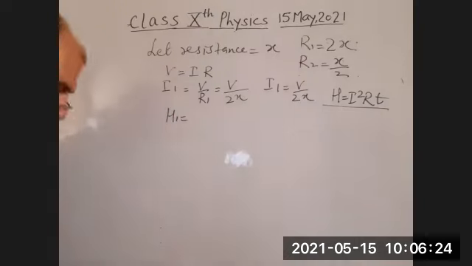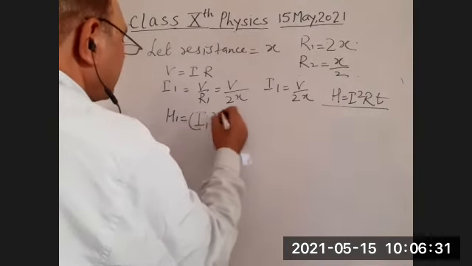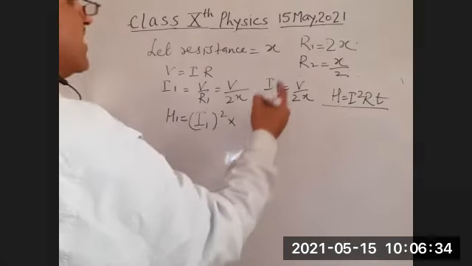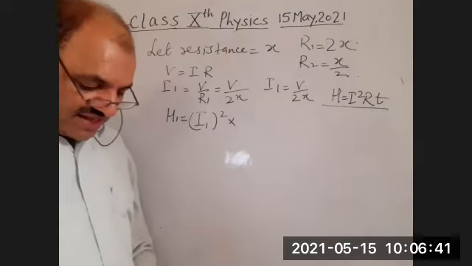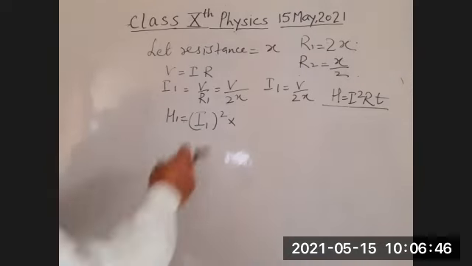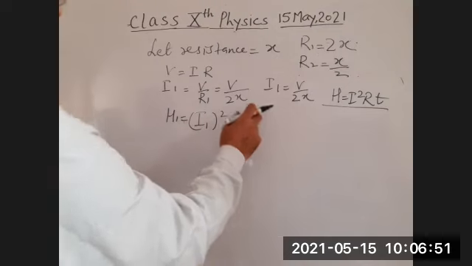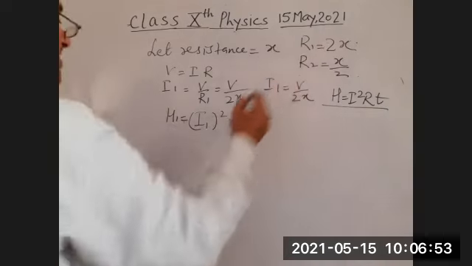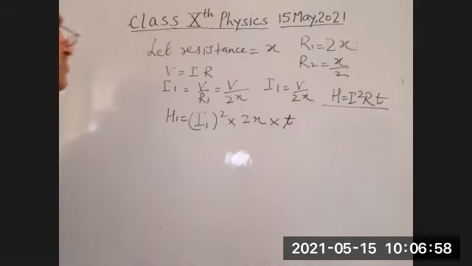नाउ H1 विल बी द, जो I² मींस I1 का स्क्वायर. ठीक है स्टूडेंट, R की वैल्यू कितनी है, नाउ R, it is given as the value of R student we have calculated, now value of R, it is 2x, and T. Is it clear students?